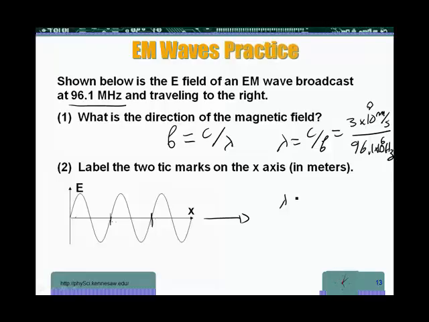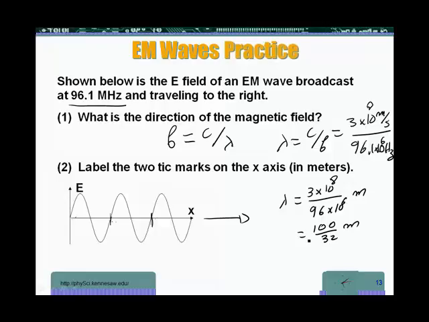So my lambda is actually equal to 3×10⁸ over 96.1 times 10 to the 6 meters. So it's going to be 100 over 32 meters.